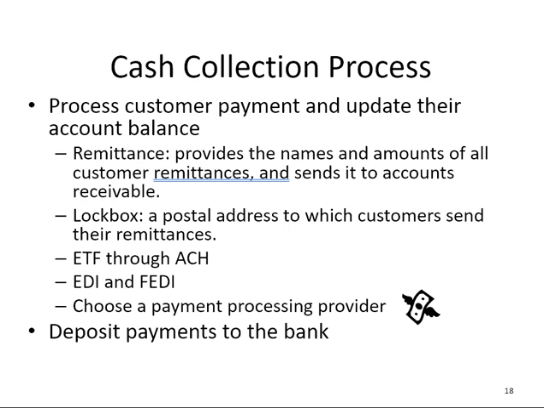Once the customer pays, how does the company identify what the payment is for? There are many tools to solve this problem. For example, we can send two copies of the invoice to the customer, so when they make payment, they can send one invoice back.